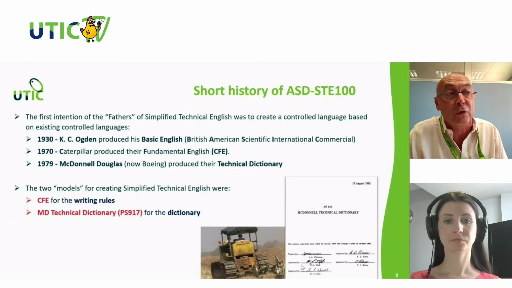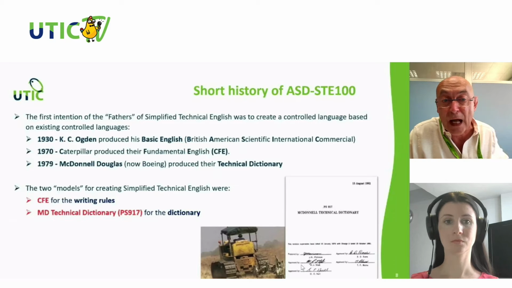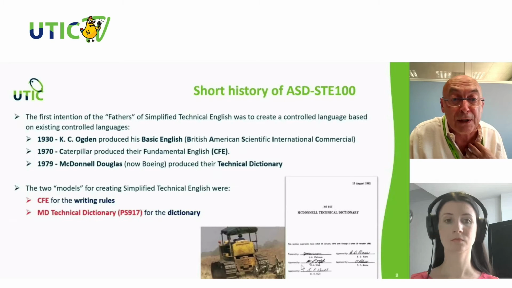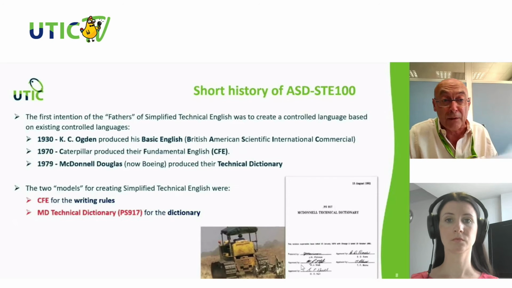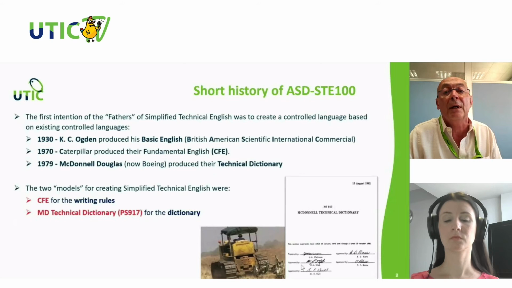And then for the second part, for the dictionary, another document was taken into account, which was created by McDonnell Douglas, which is now Boeing, and it consisted of a technical list of terms, a technical dictionary that inspired the creation of the Simplified Technical English Dictionary.